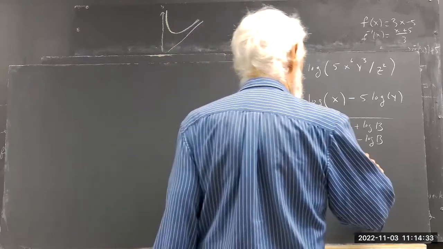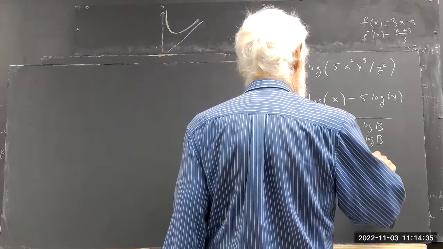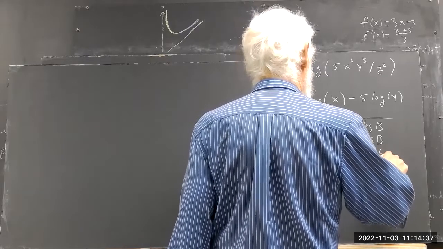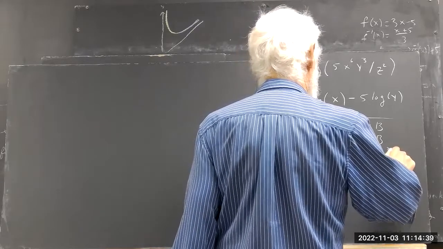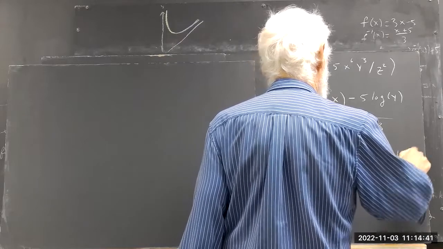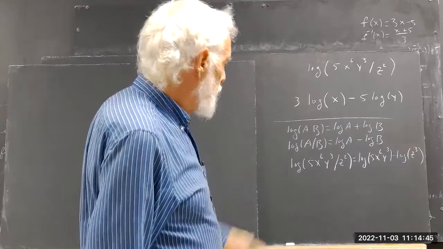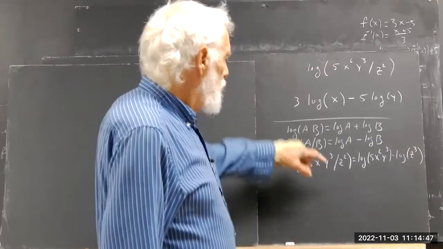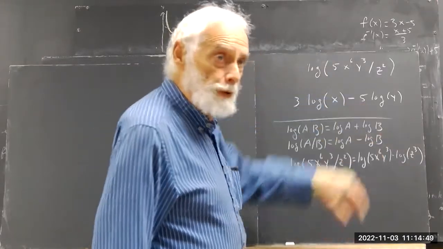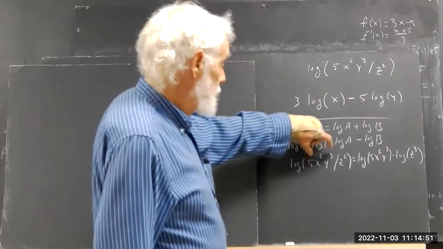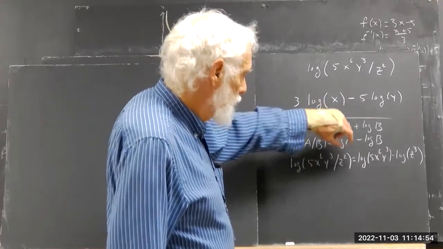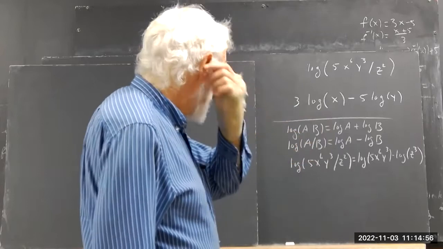Applying the second rule, we have a division here, so we can subtract the two expressions. You subtract the log of the denominator from the log of the numerator.